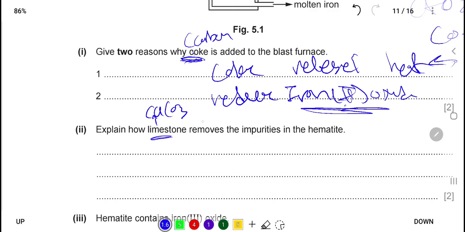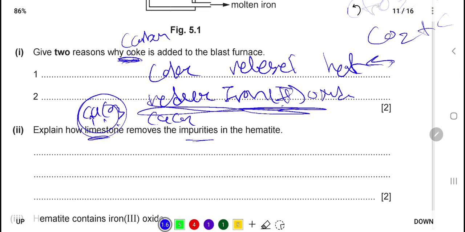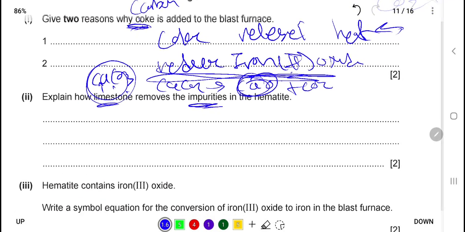CaCO3 is what we start with to remove the impurity, but CaCO3 is not the exact thing that removes the impurity. I'm explaining it for you. CaCO3 will decompose into CaO and CO2. You need to know that CaO, which is the lime, will react with the impurity. The impurity is silicon oxide.